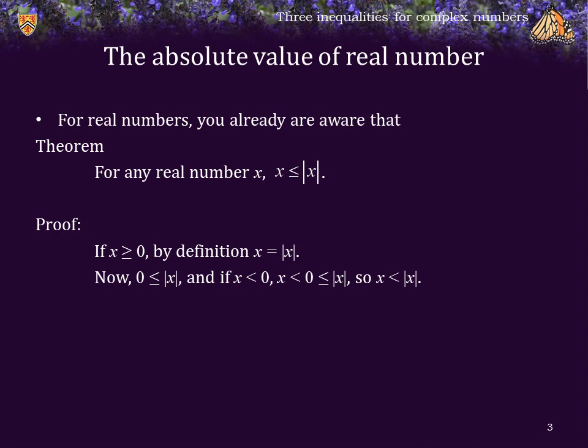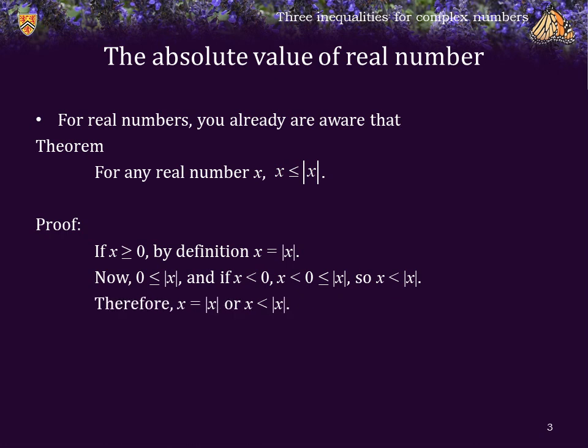Now, 0 is less than or equal to the absolute value of x, as the absolute value of x is always positive. And if x is less than 0, then x is less than 0, which is less than or equal to the absolute value of x. Consequently, by transitivity, x is less than the absolute value of x.